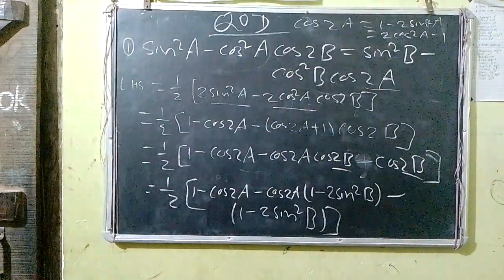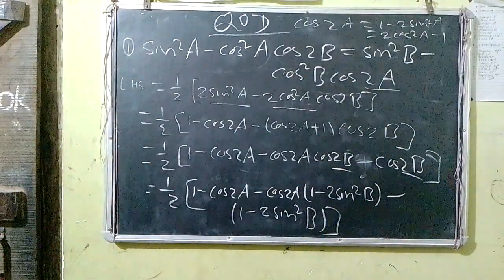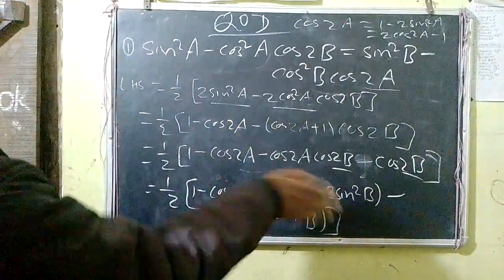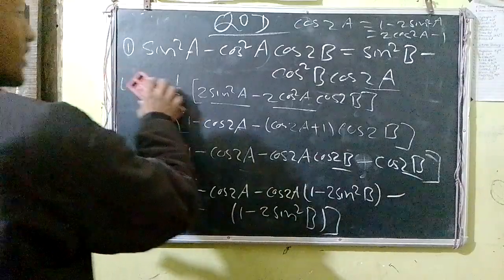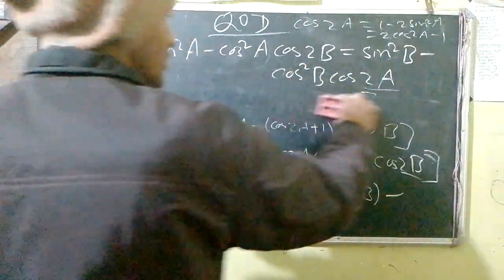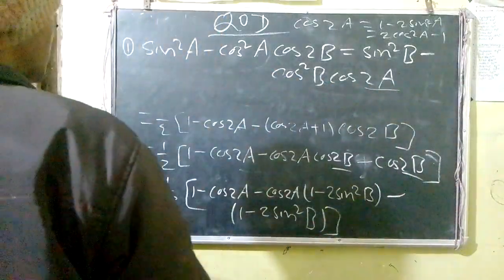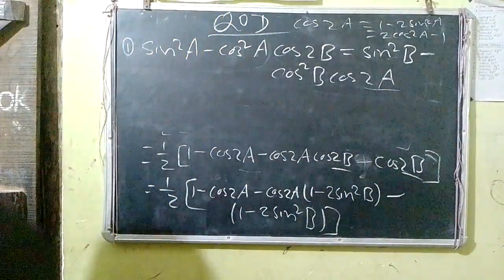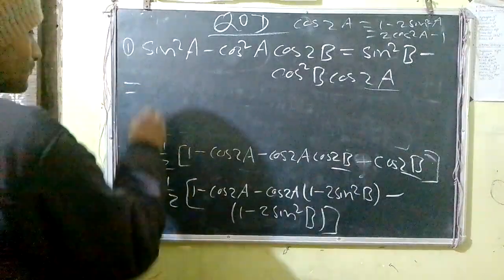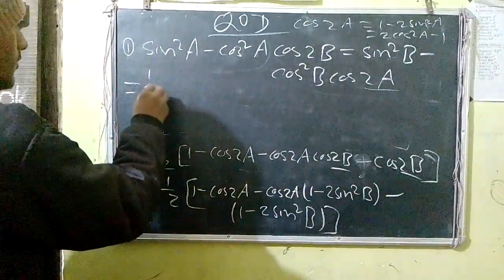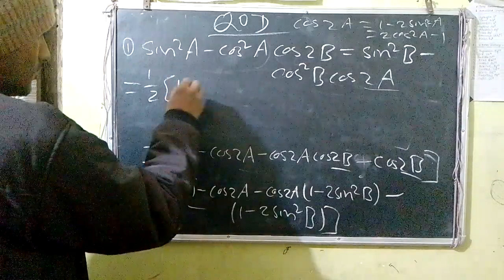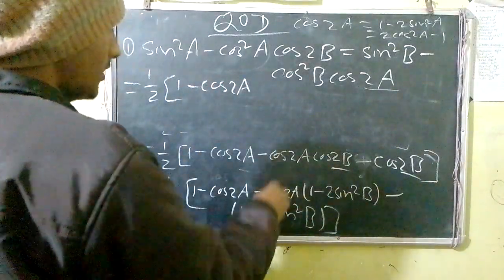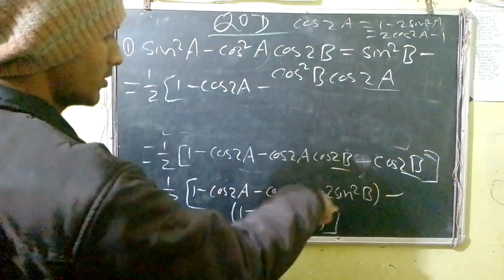The next step is to solve it. Very simple. Okay, let's wipe this. Half, 1 minus cosine 2A minus, let's distribute cosine 2A into both of them.